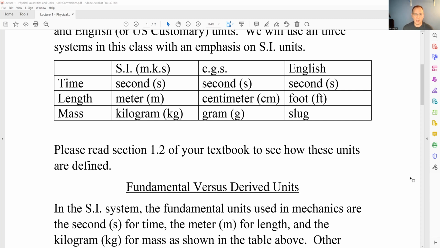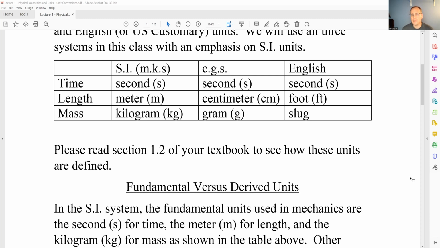The unit of length is the meter, abbreviated by m, and the unit for mass is the kilogram, abbreviated by kg. For the CGS set of units, time is again in seconds, abbreviated by s. The length is in centimeters, abbreviated by cm, and the mass is in grams, abbreviated by g.